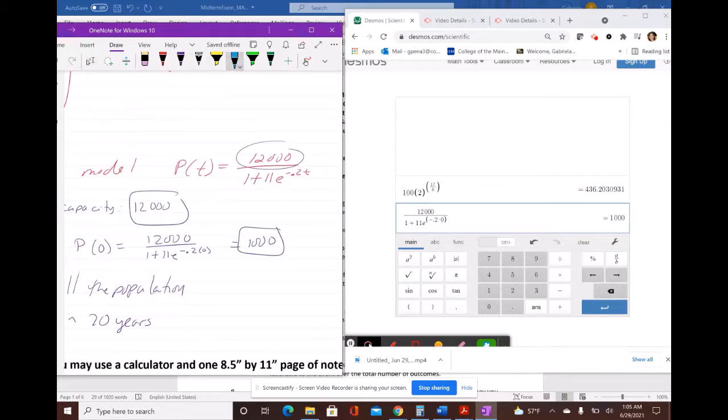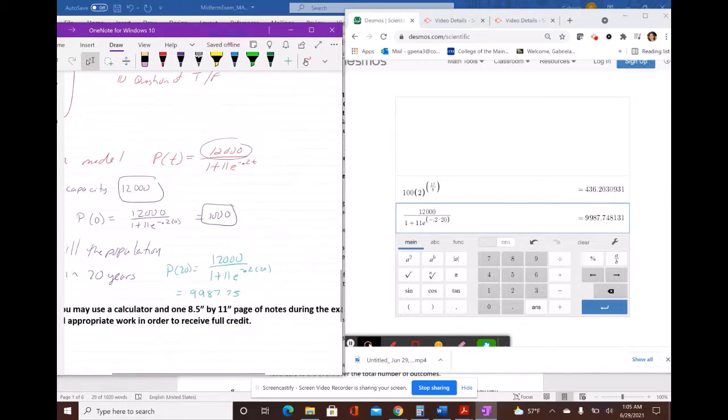In order to figure that out, I'm going to do P of 20, which is 12,000 over 1 plus 11e, negative 0.2 times 20. So instead of having a 0 here, I need to have a 20. And it says it's 9,987.75. If we had to round, 9,988.